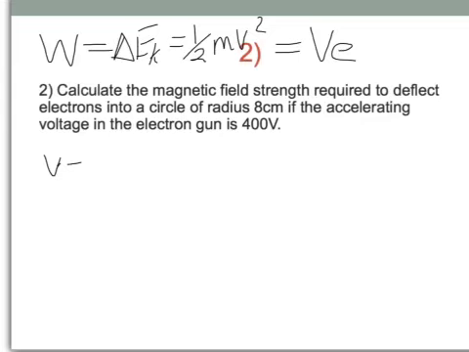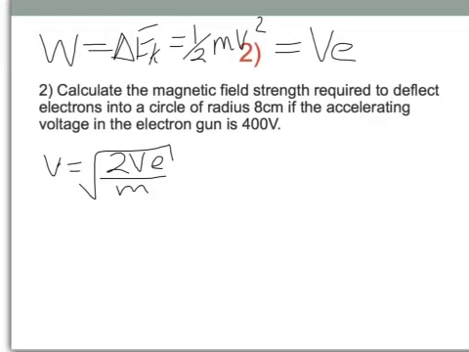V, the velocity, that is, small v, would be equal to twice the voltage times the electric charge on one electron divided by its mass, all square rooted.